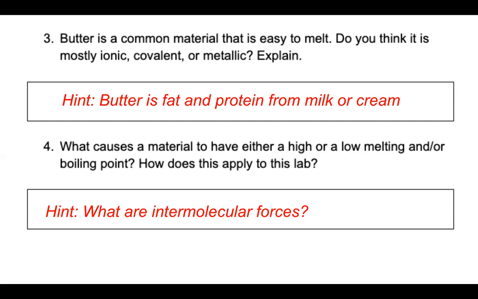And yet it boils at an extremely low temperature because it has very little intermolecular forces. In other words, the forces holding molecules together with their neighboring molecules. So maybe you've heard of liquid nitrogen. It boils at negative 170 degrees Celsius or something crazy like that. But that has to do with intermolecular forces. And so I want you to try to find out what those are a little bit more and use that to answer your questions.